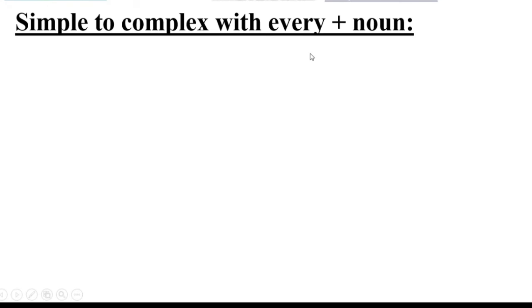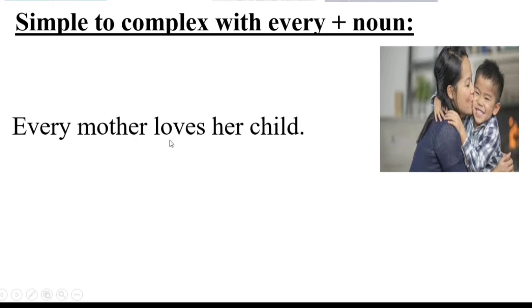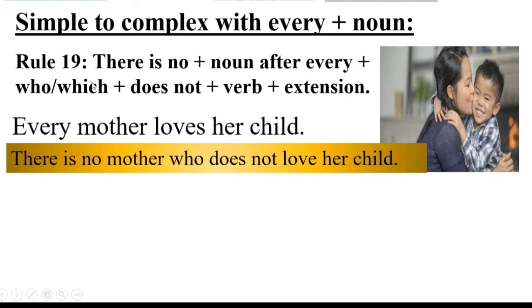Simple to complex with every plus noun. Every mother loves her child. There is no mother who doesn't love her child. Look at the rules. At first put there is no instead of every and then the noun after every, mother, and then who or which.